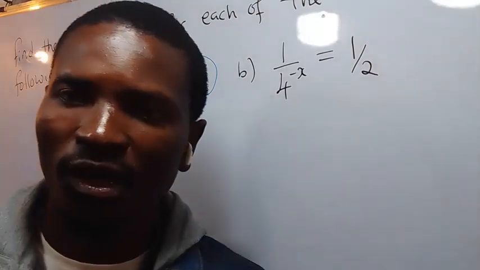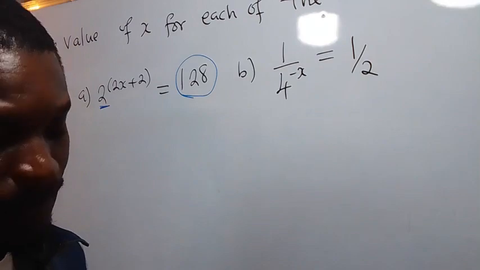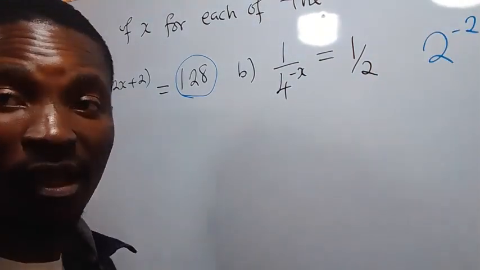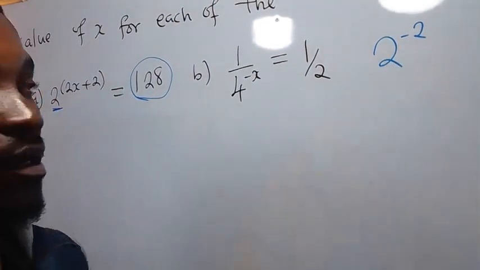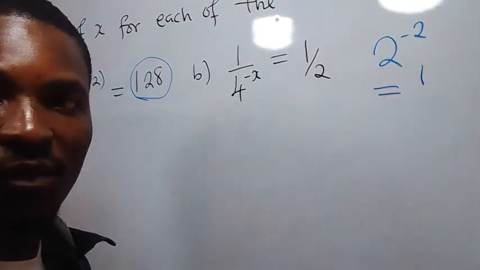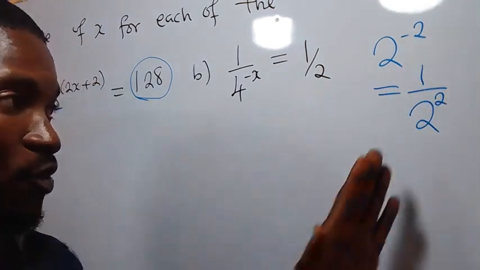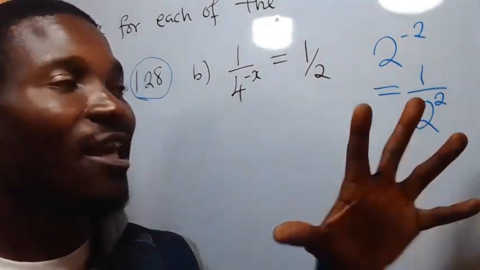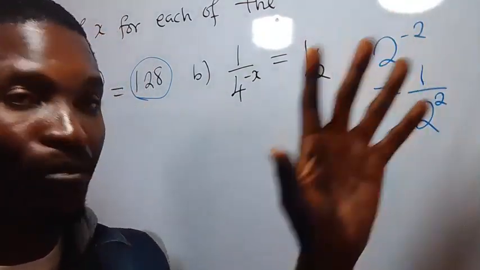Now, one of the most important things that you have to understand under the laws of indices is that there is a law which says that any number raised to a negative index, for example 2 to the power negative 2, simply means that there is always a 1 as a numerator, and then over 2 to the power 2. So the negative simply signifies a 1 as a numerator in the fractional sense. Okay, so that's the basic idea about that.